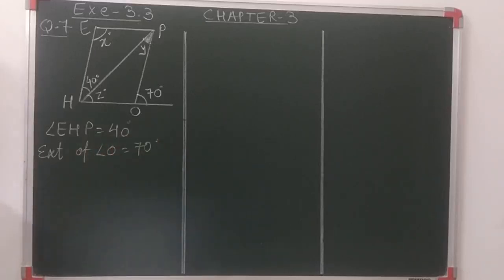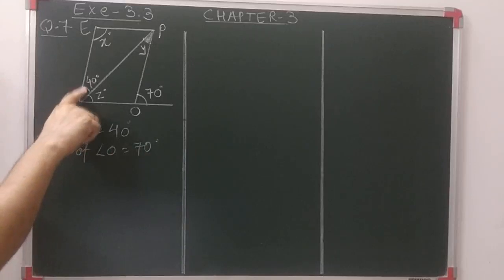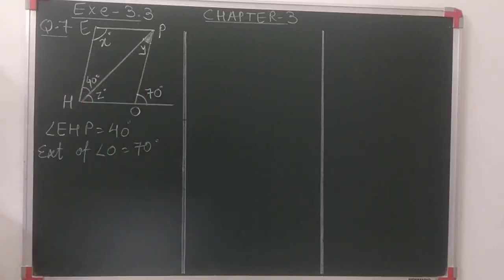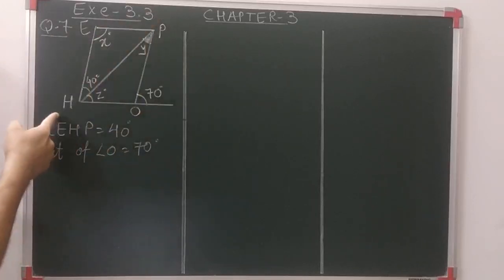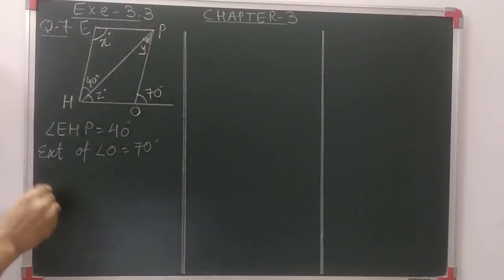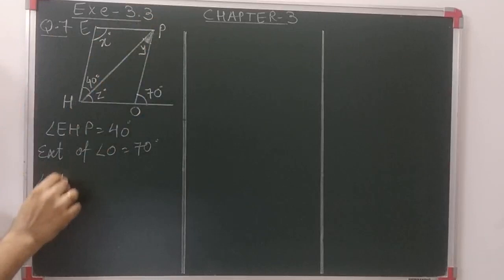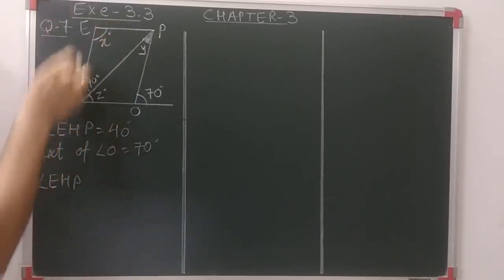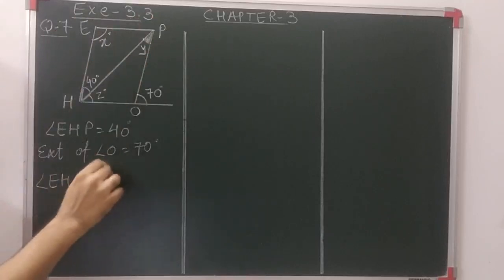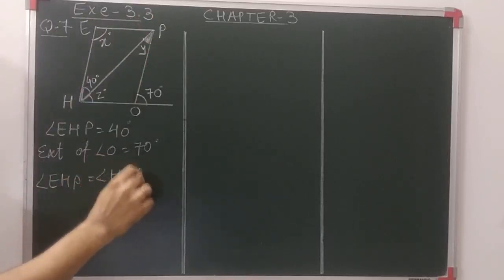Now let's see this. We can see one relation between this H and P. Both are parallel lines and this is the transversal HP. So we can say that angle EHP is the same as angle HPO.